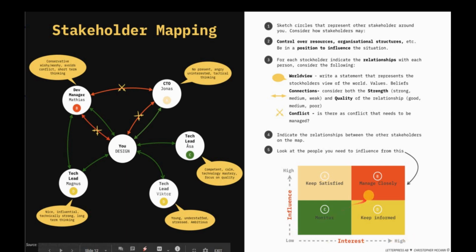Let's say your stakeholder has high influence and has high interest in your business. Then that stakeholder must be managed closely. Okay? An example of that would be your investors. Your investors are examples of stakeholders that are very important because, for one, they're lending you the resources and the money to operate.